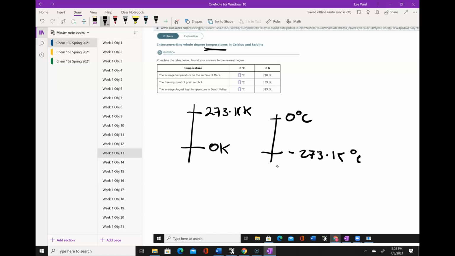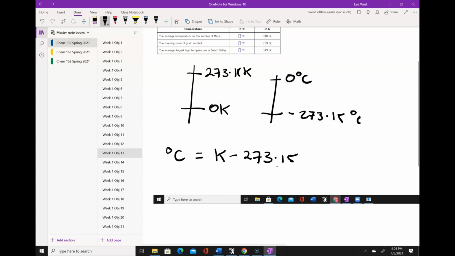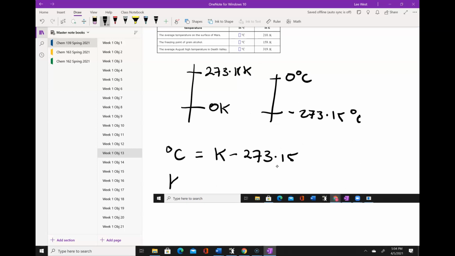So this question is all about converting between Celsius and Kelvins, and the relationship is this: the temperature in degrees Celsius is equal to the temperature in Kelvin minus 273.15, or alternatively we can say that the temperature in Kelvin is equal to the temperature in degrees Celsius plus 273.15.